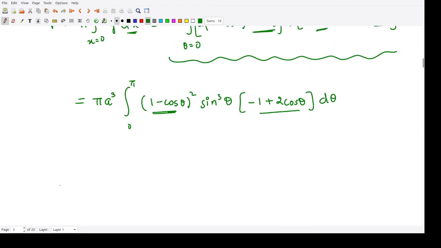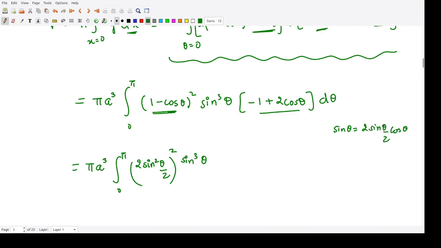So firstly, the first term becomes pi a cube integration 0 to pi, 2 sine square theta by 2 whole square, and then sine cube theta as such. Moreover, sine theta is 2 sine theta by 2 cos theta by 2. So in place of sine cube theta, we have 2 times sine theta by 2 cos theta by 2 whole cube multiplied by this term.